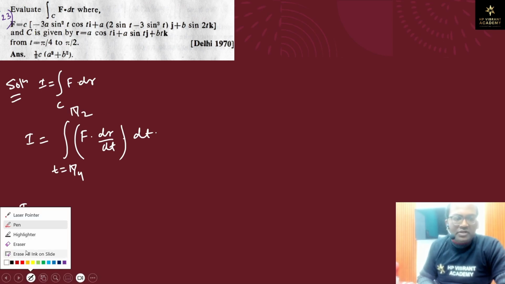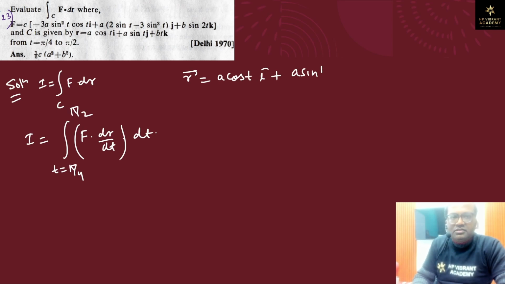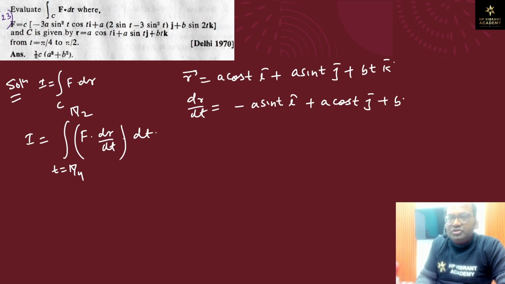Okay, so let us find the value of dr upon dt. We have the r vector as r is a cos t i cap plus a sin t j cap plus bt k cap. From here we have dr upon dt as minus a sin t i cap plus a cos t j cap plus b k cap.